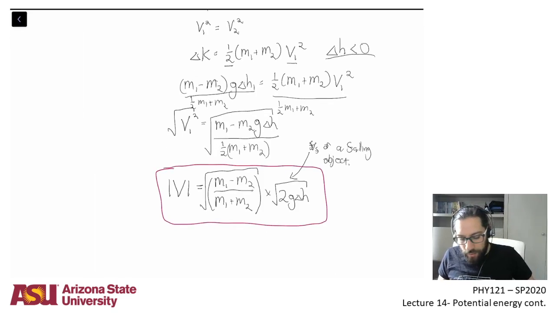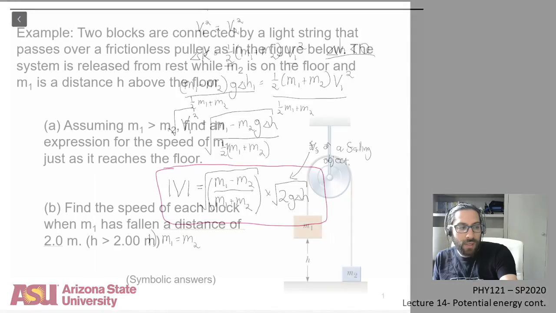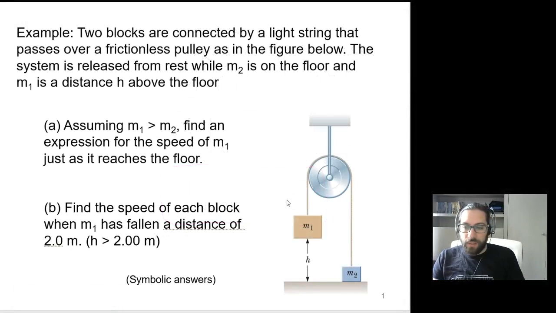Why does this matter? Because this allows us to do one of my favorite things in physics, which is limiting cases. Limiting cases help you check whether you've made a mistake in your answer. So limiting case number 1, m1 equals m2. In this case, if this mass and this mass have the same weight, and the same mass, then they will balance each other and nothing should move.